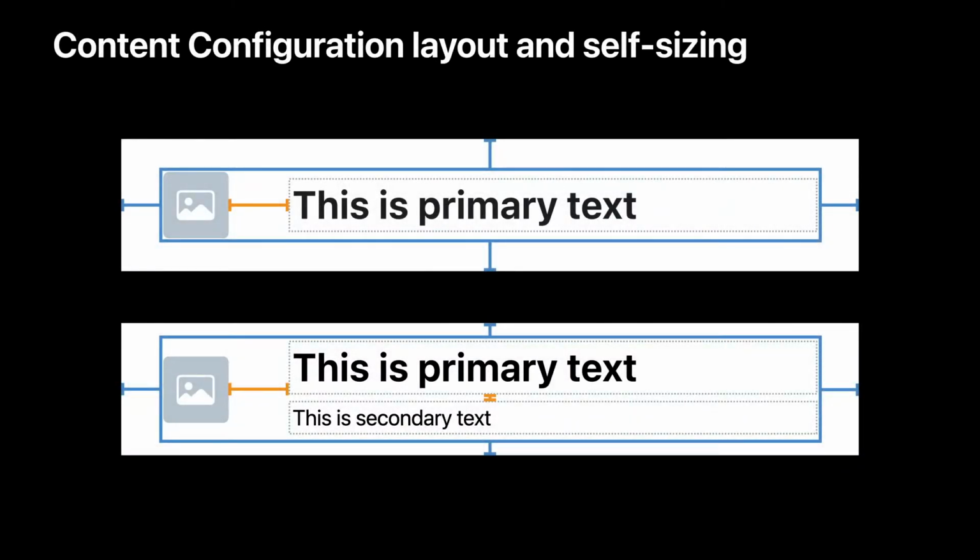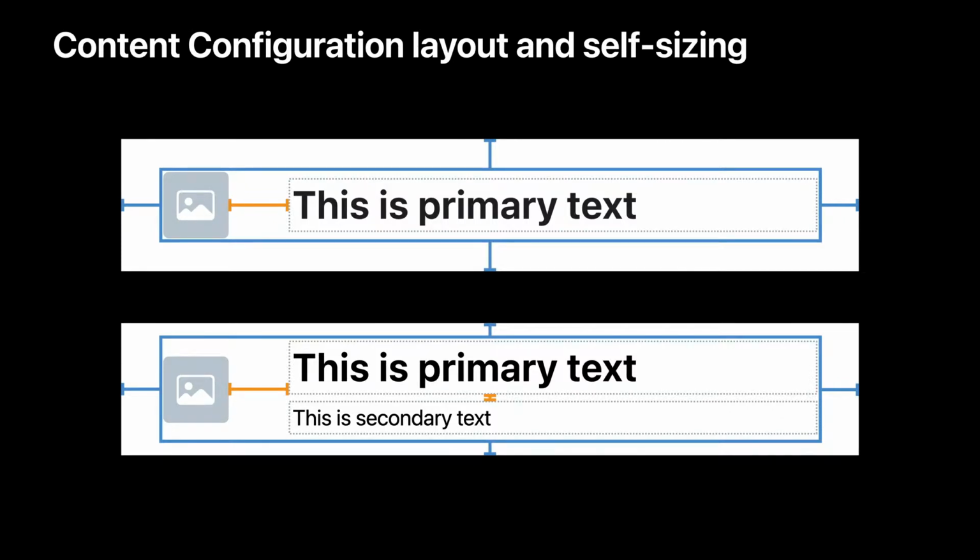Content configurations are designed to be used with self-sizing cells, where their height can be flexible depending on the exact configuration and environment. This is important to ensure that your app looks great when running on different device sizes, at different dynamic type sizes, and with different amounts and types of content.